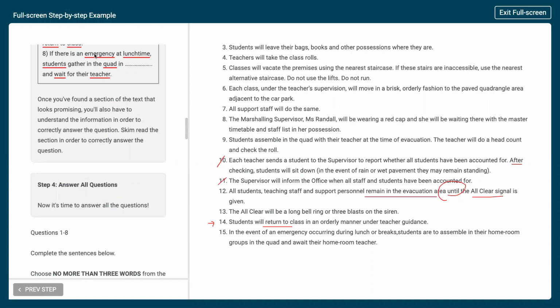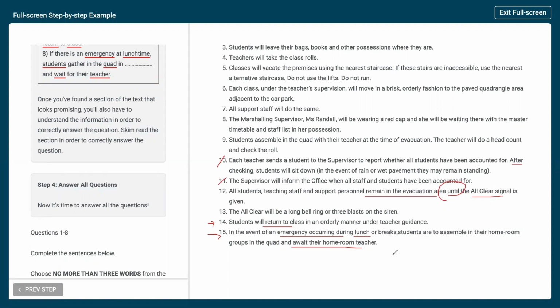And then we've got our last question. Number 8, if there is an emergency. So again, this is not always definite. It looks like number 15 is going to be the best option here, the very last one. In the event of an emergency during lunch, it is exactly this, lunchtime, students gather in the quad in something. And remember here we were talking about a place or a specific type of group and await their homeroom teacher.